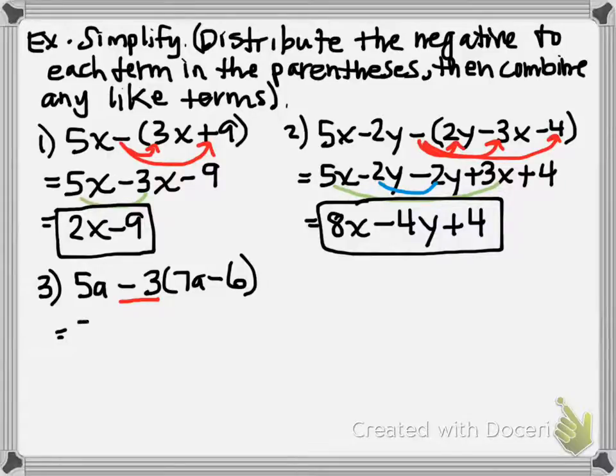So we get 5a, and then I'm just going to use plus, and then use the negative 3 times the 7a, and then we're going to write plus, and we're going to multiply that negative 3 times the negative 6.